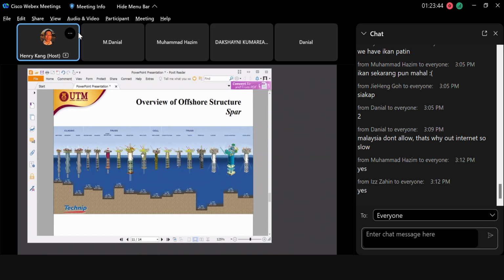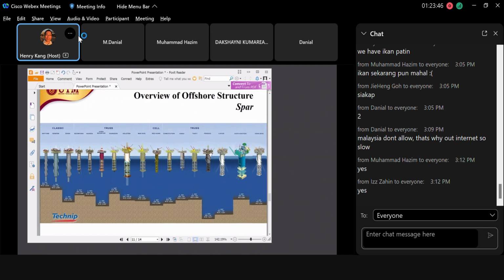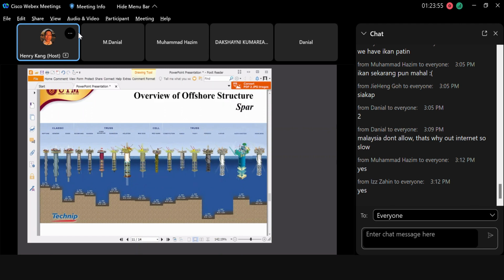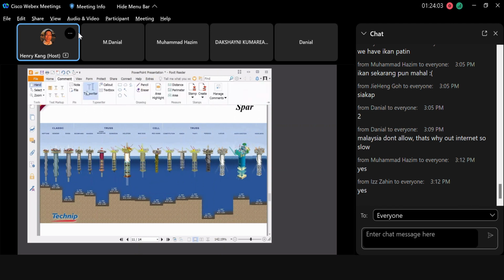As you can see here, there are very different types of spar, but basically the spar is a structure which has one major column, the main column. How do you spell column?